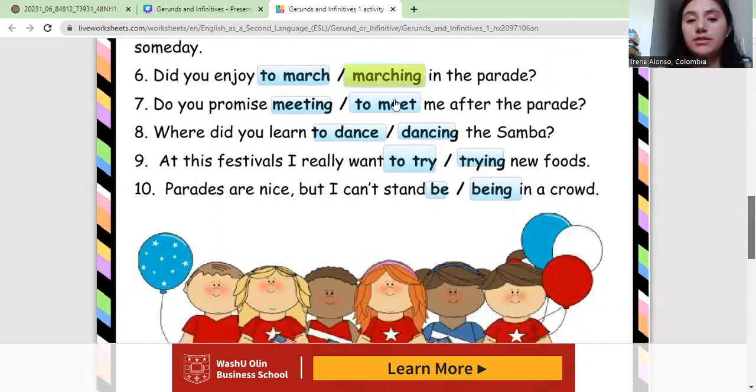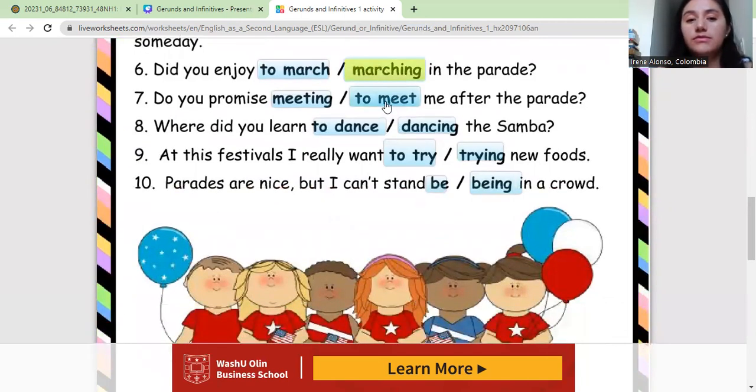Do you promise? Remember, for promise, we use infinitive. Where do you learn to dance? These festivals I really want to try. And parades are nice, but I can't stand being in the crowd.